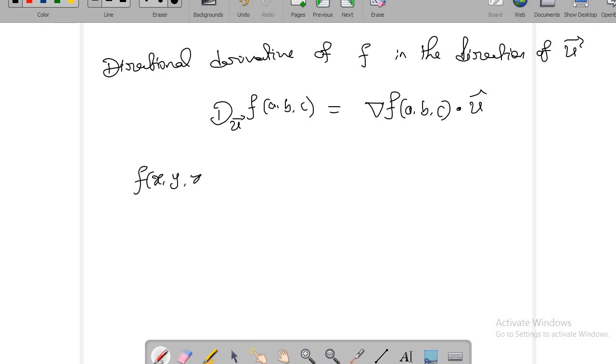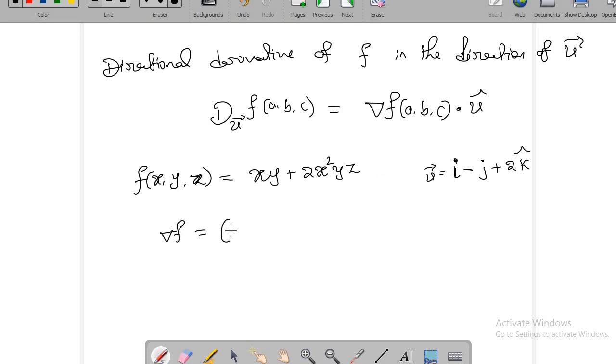See, for example, you are given a function f of x, y, z equal to xy plus 2x square yz. This is the function, and you ask it to find directional derivative in the direction of i minus j plus 2k. This is the direction vector. What do you do? First you find the gradient.